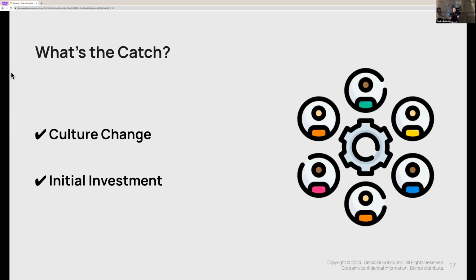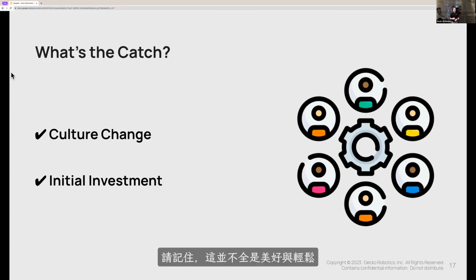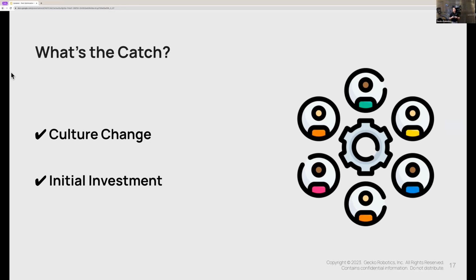So in conclusion, before we get to your questions, if this does sound like something you're interested in, keep in mind that it's not all rainbows and unicorns. There are challenges here. Now, there are a couple instances where this may not be a good investment for you. The first and the most important is really around culture. What we've found is that industrial plants that have a culture that embraces change, plants that have strong leadership, this becomes a terrific investment, one of the best that you can make.